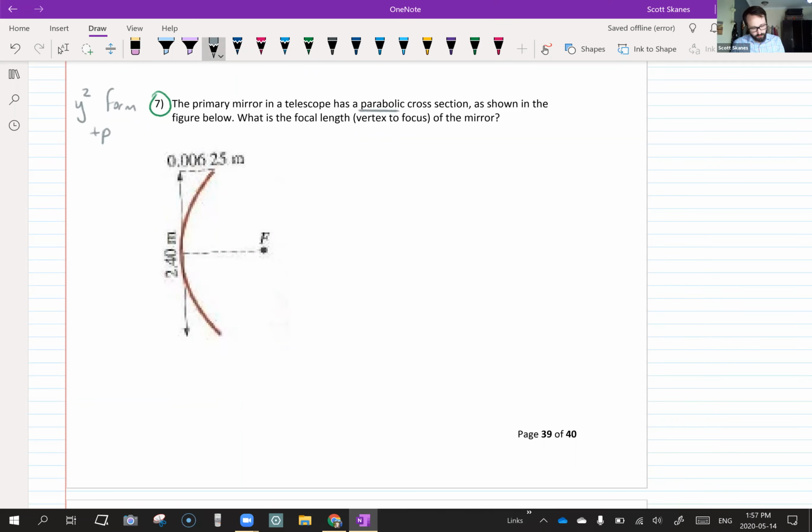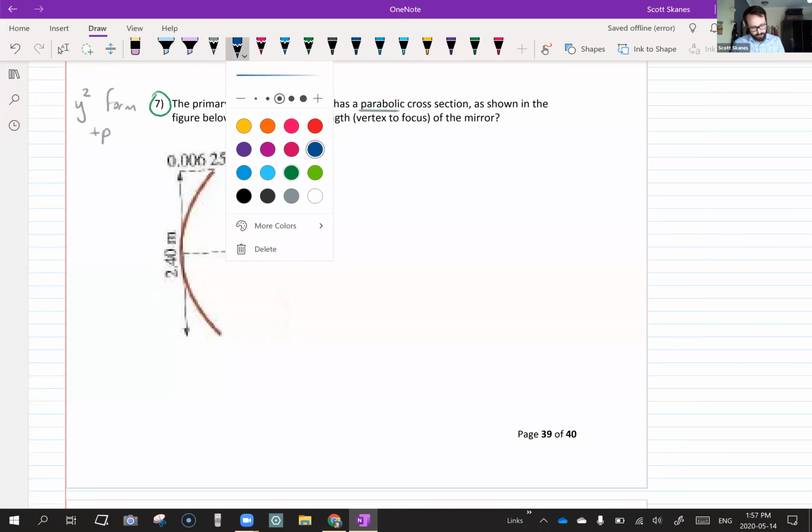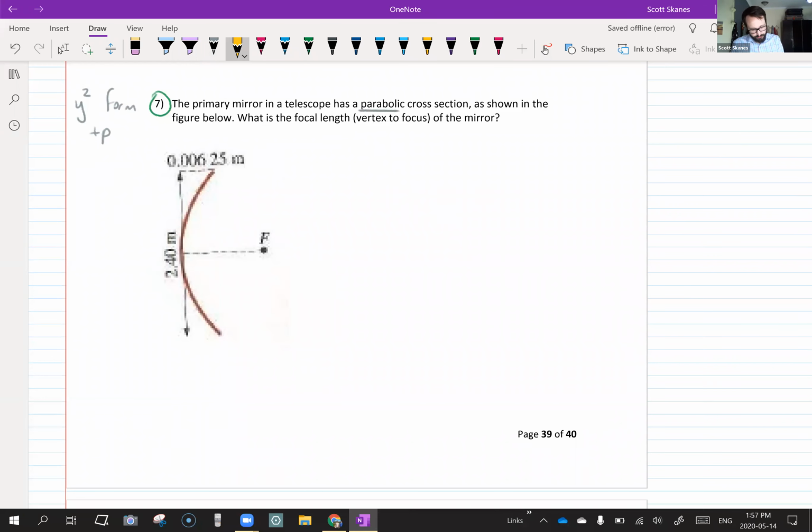What is the focal length? Spoiler alert, focal length is the distance from the vertex to the focus. The distance from the vertex to the focus is p. That's the definition of p. P is the focal length.